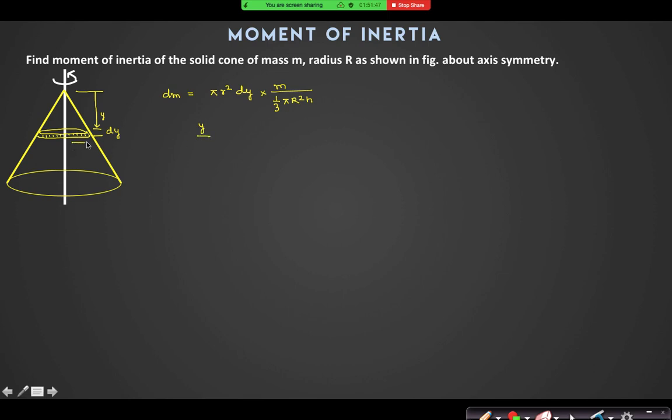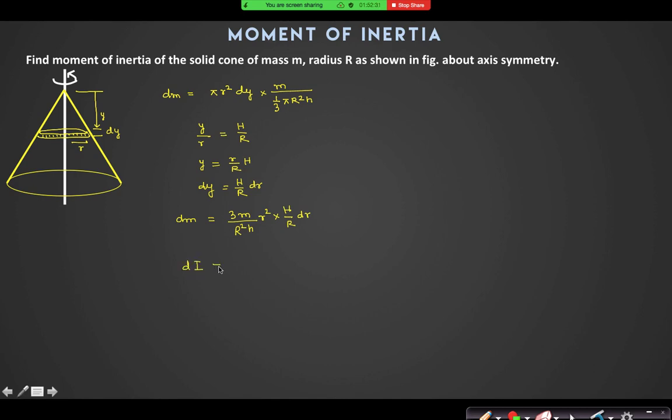Similarly here, if this is the radius r, you can see y by r is equal to h by capital R. So y is equal to r by capital R into h, right? dy is equal to h by capital R into dr. So dm is equal to, pi will get cancelled out, so 3m by r square h into r square dy. R square into dy is h by r into dr. And what is di?